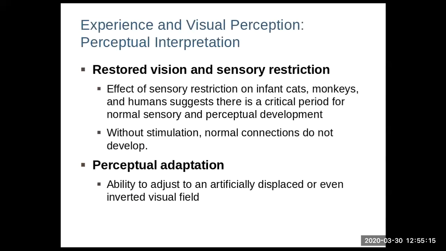One last question about the visual system is, okay, we know that when children are born, they can see, they can cry, and they can feel somebody holding them.